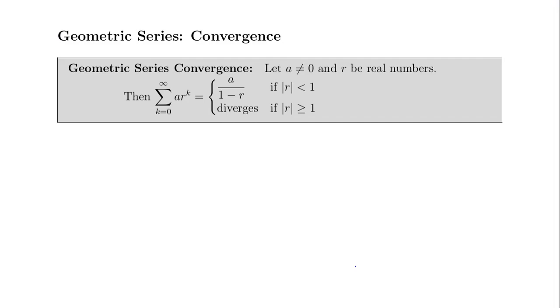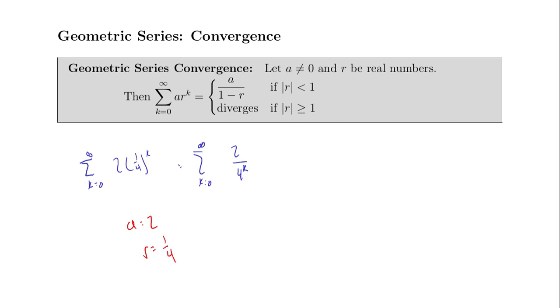So here we go. For a geometric series, as long as a is not 0 and r is a real number, this is our setup. So what does this mean? This means that if I've got something like 2 times a quarter to the k, or maybe you'll see this as the sum from k equals 0 up to infinity of 2 over 4 to the k, I could say here, a is equal to 2, and r is equal to 1/4.